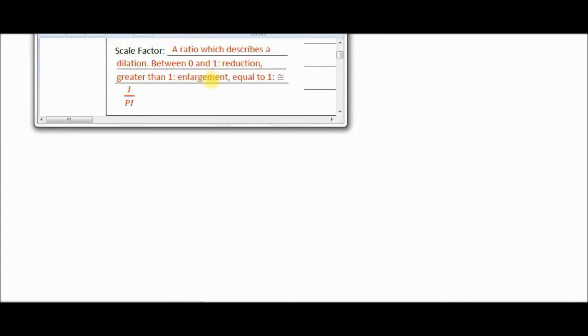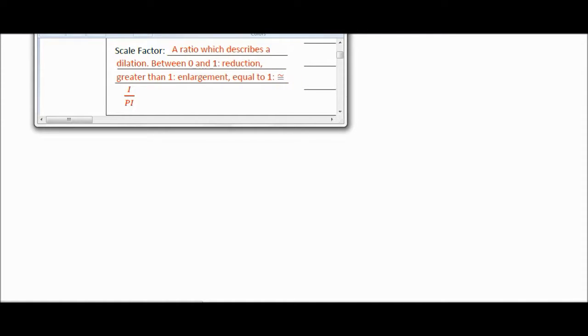If it's greater than 1, it means we're going to enlarge the pre-image, so our copy is going to be larger than the original. And a scale factor of exactly 1 just creates a congruent image. It doesn't make it bigger or smaller, it stays the same size and the same shape.